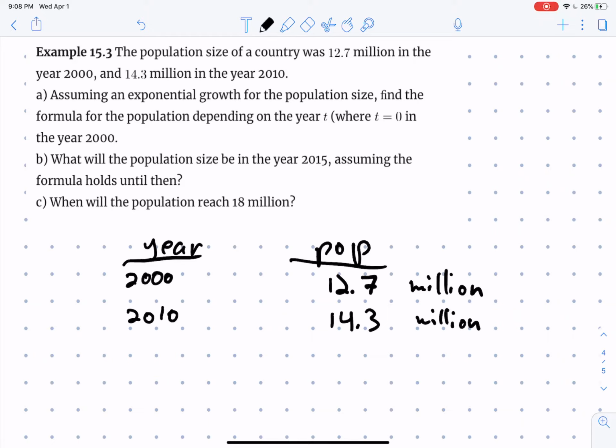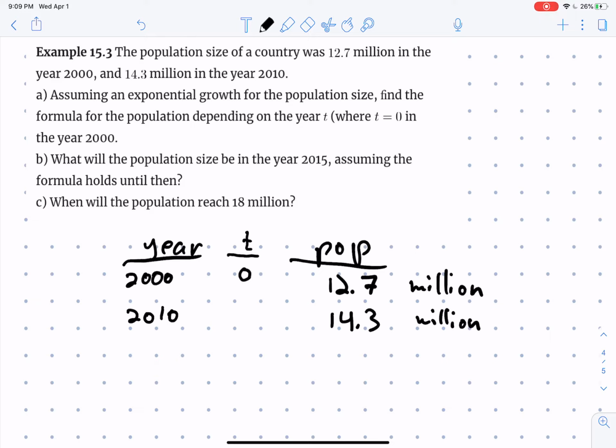Part A of the question says, assuming that we have an exponential growth for the population size, find a formula for the population depending on the year t, where t equals 0 in the year 2000. T is very commonly used for time, and we're going to be using that instead of x. Of course, we could measure time just by the year itself, use t equal 2000, but it's going to simplify our lives to take their suggestion and say that in the year 2000, the time t is equal to 0.